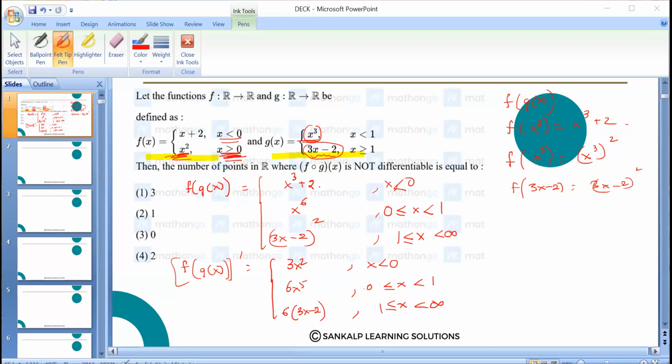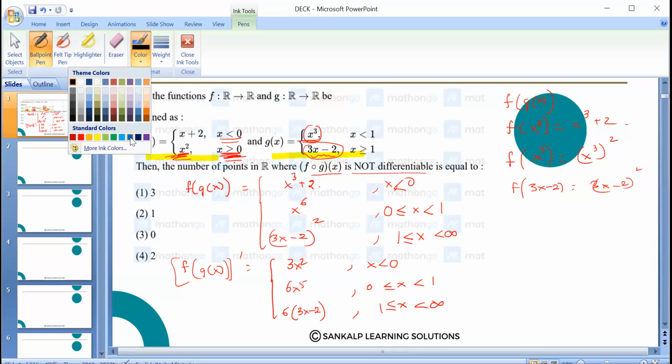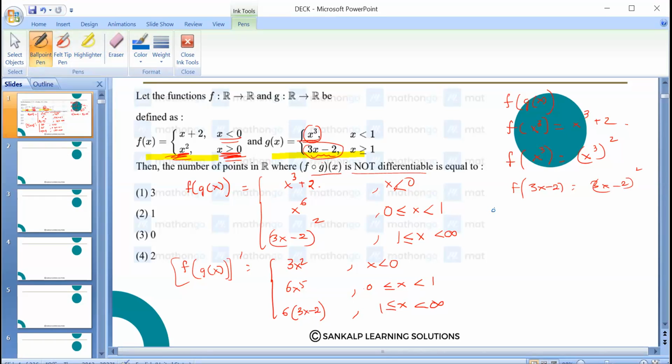Now we will see, they said f circle g is not differentiable. So first we will see at x equal to 0, what is happening. At x equal to 0, left derivative is 0, right derivative is 0.